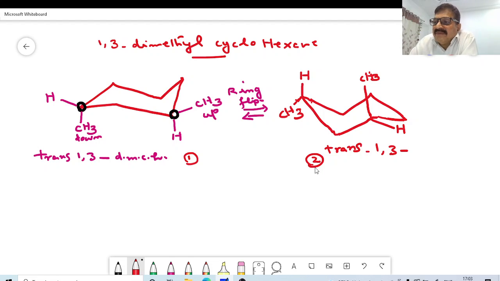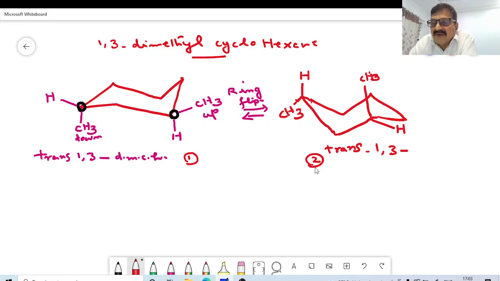Okay, so in the ring flipping, the axial methyl group flips equatorial. Still it is a down bond, and the equatorial methyl group flips axial, but still an up bond. Okay, conformation 2 is trans because the two methyl groups are still on opposite sides.